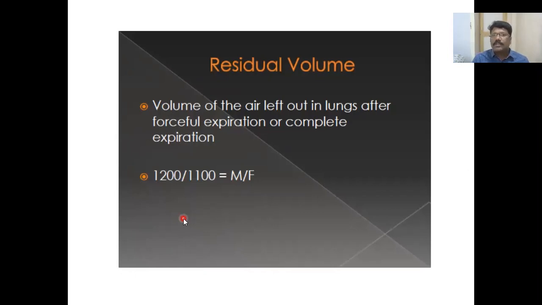So this is called the residual volume. That means the amount of air that is left in the lungs after forcible expiration, after TV and ERV, is known as the residual volume, and this is around 1200 ml.